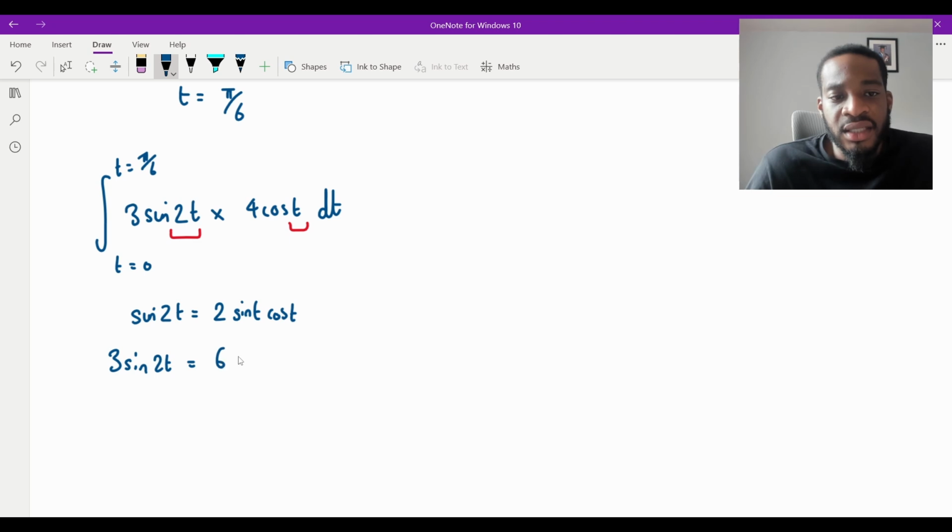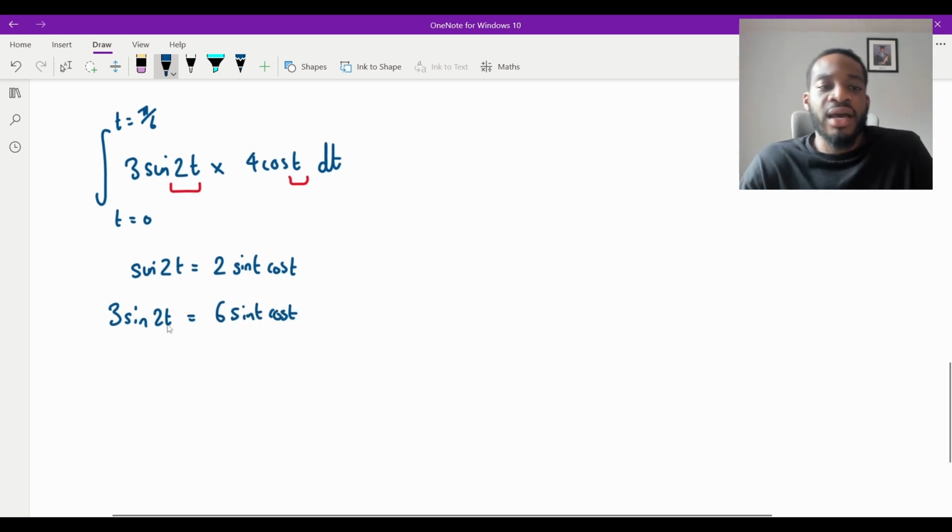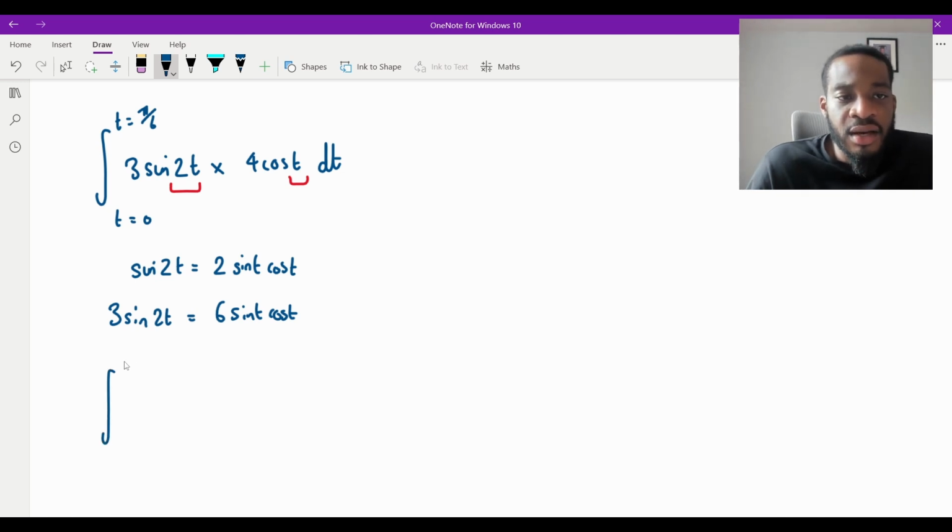So that means it's going to be 6 sine t cos t, like that. So I'm going to put that in place instead. So it's going to become pi over 6, 0, and then it's going to be 6 sine t cos t multiplied by 4 cos t dt.